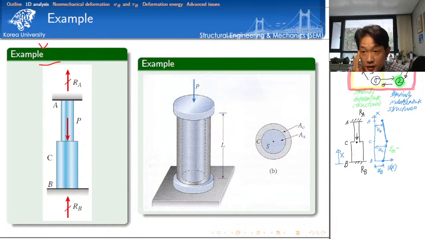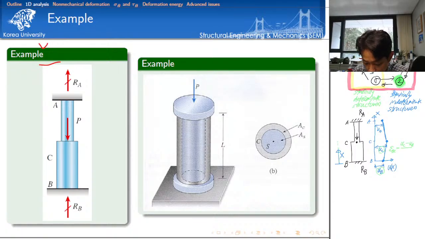Please note the definition of strain: the change of displacement with respect to the coordinate, isn't it? Because this is the direction of my coordinate, we need to subtract UB from UC. It's UC minus UB, and then it should be divided by the length, isn't it?